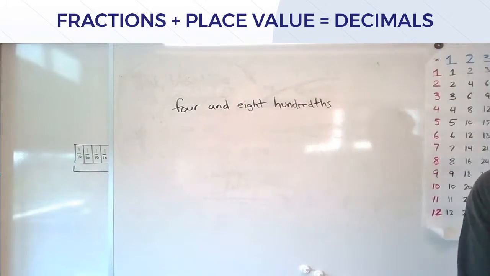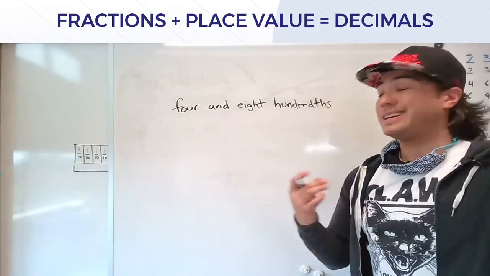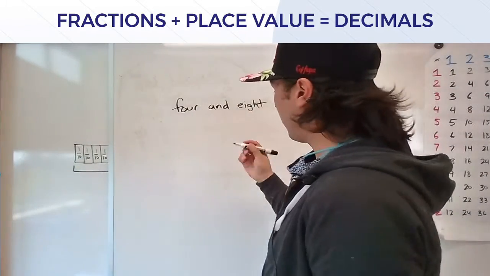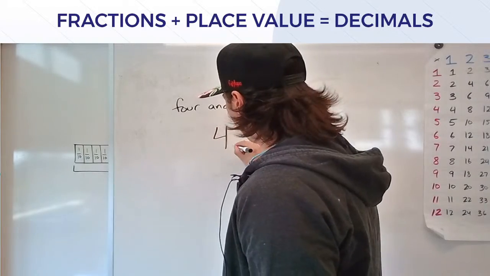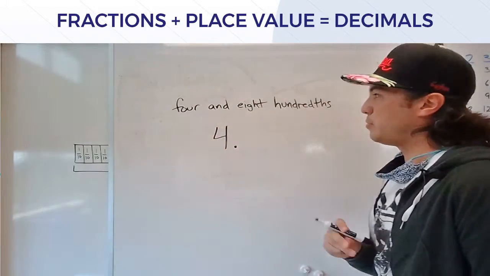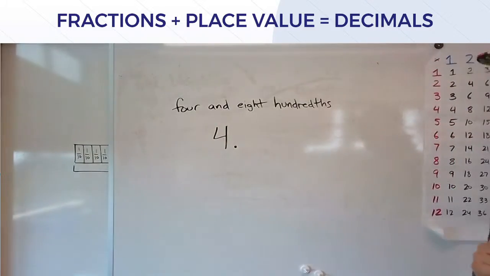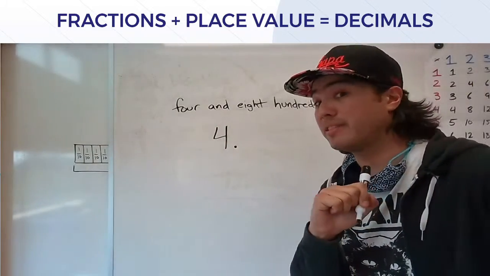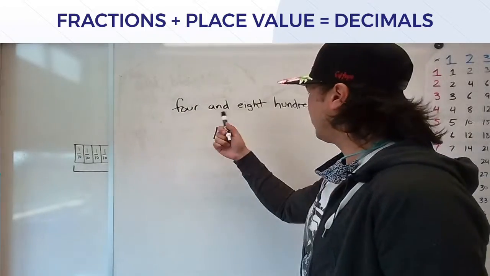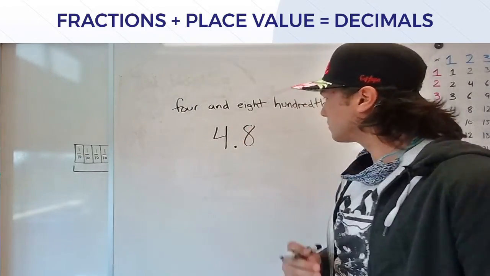And we want to know what that looks like in decimal form. So we have our 4. There's our whole number. Our decimal point to mark the difference between our whole number and our divisions. And then we have 8/100. So I saw some of this on yesterday's exit ticket. Well, 4 and 8/100.